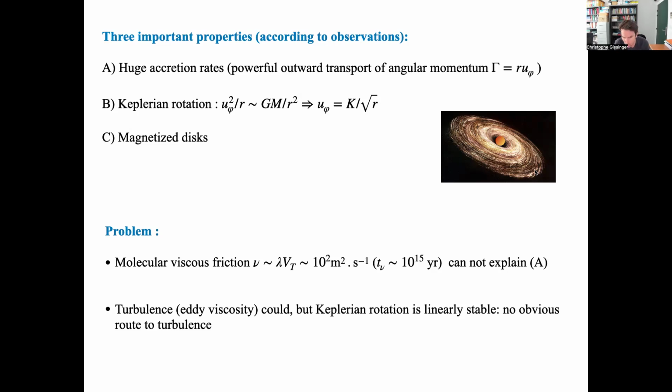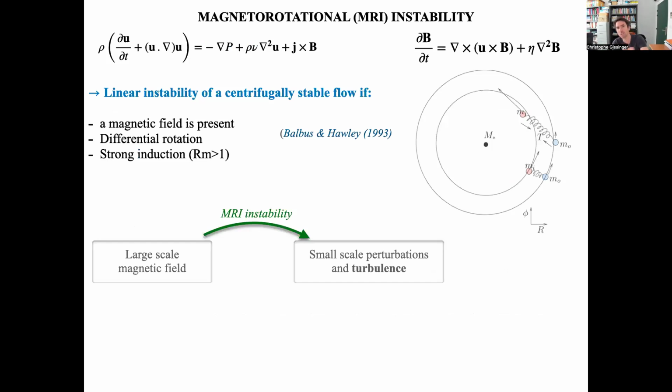I won't review all of these scenarios, like stratification, cosmic rays, or inertial wave instabilities. It's not the focus of my talk, but I want to mention one of the most popular ones, which is related to the magnetic field, the last property of accretion disks I mentioned: the magnetorotational instability.